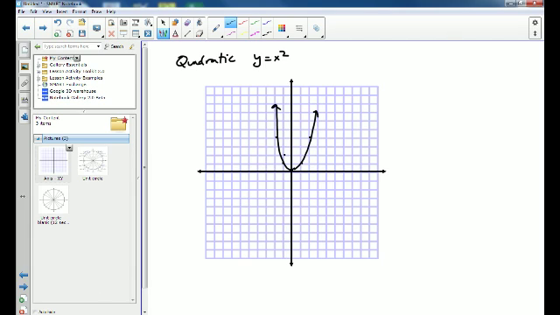There's the parent function y equals x squared, right? It's a parabola. How am I going to move this thing around now? You can move it to the left, or to the right. Which way do you want to move it, left or right? Right. Okay, so I move to the right.